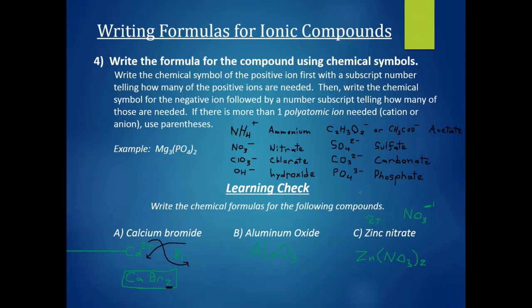Now, I will also mention you may be responsible for certain derivatives. For example, when you have these oxyanions that have 3 or 4 oxygens, if they have one less oxygen than their standard ATE ion, they get a different ending. They get an ITE ending. So for example, NO2 minus would be a nitrite instead of a nitrate.